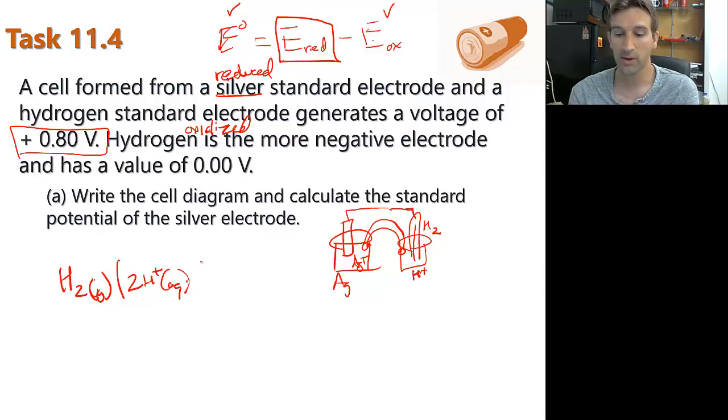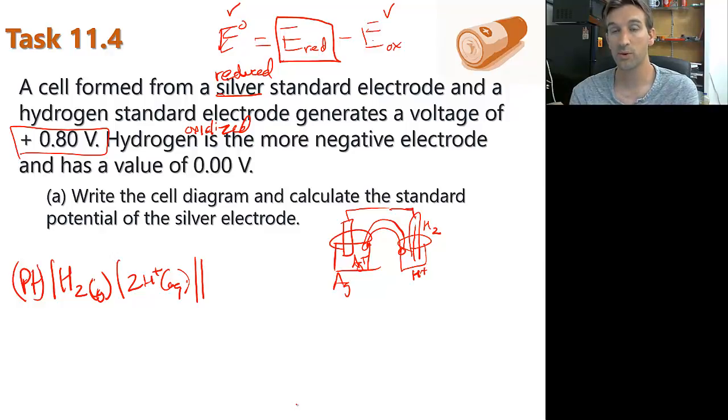Something that we're going to have to consider is that going from a gas to an aqueous, there's no place for our electrons to collect. We're going to have to put in a platinum electrode as a place for those electrons to collect. Now that I have that half cell written, I'm going to put in my salt bridge. Then we're going to look at our reduction, our cathode.